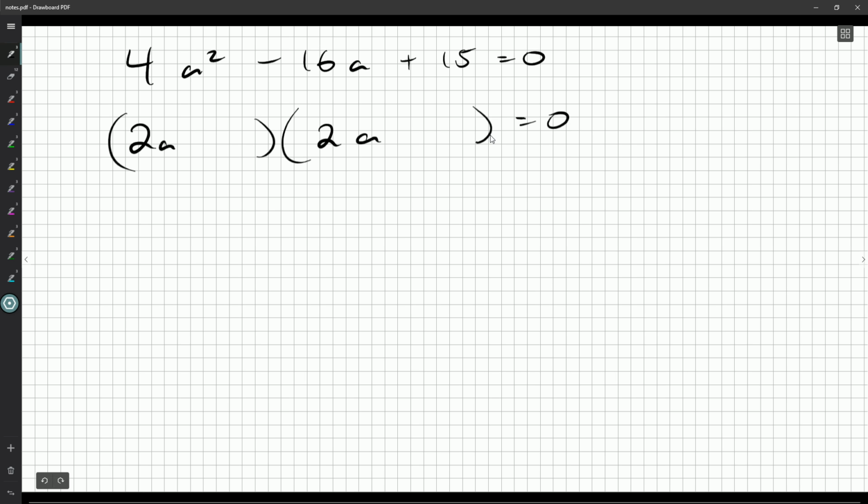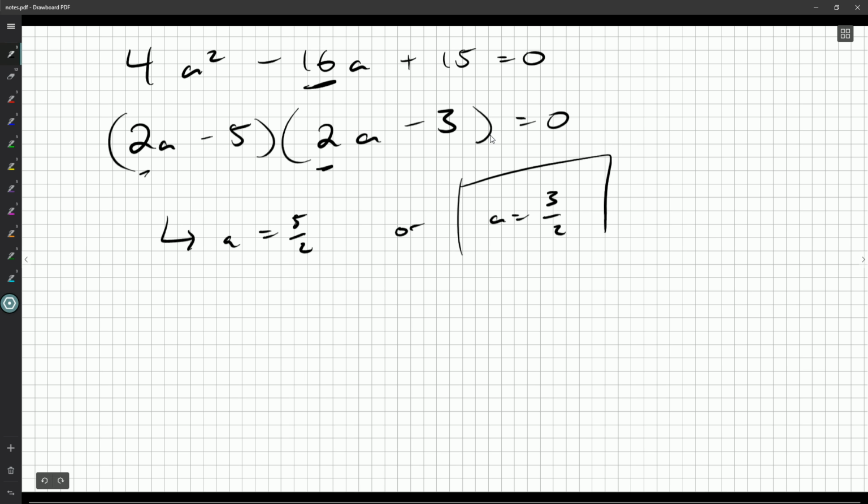And with a 15 there, I'm thinking maybe minus 5, minus 3. Minus 5 and minus 3 is minus 8, and then times the 2s should be the minus 16. So that looks good. Either a is 5 halves, or a is 3 halves, and we want the smallest a. So 3 halves it is.